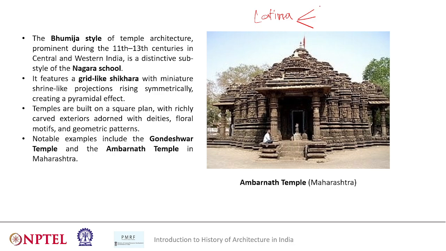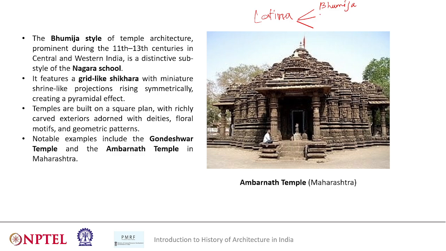Okay, so the Latina style, broadly speaking, is the style seen in northern parts of India. But even in the northern part of India, there are several places which show some specific style of architecture. Bhumija style is one of them.